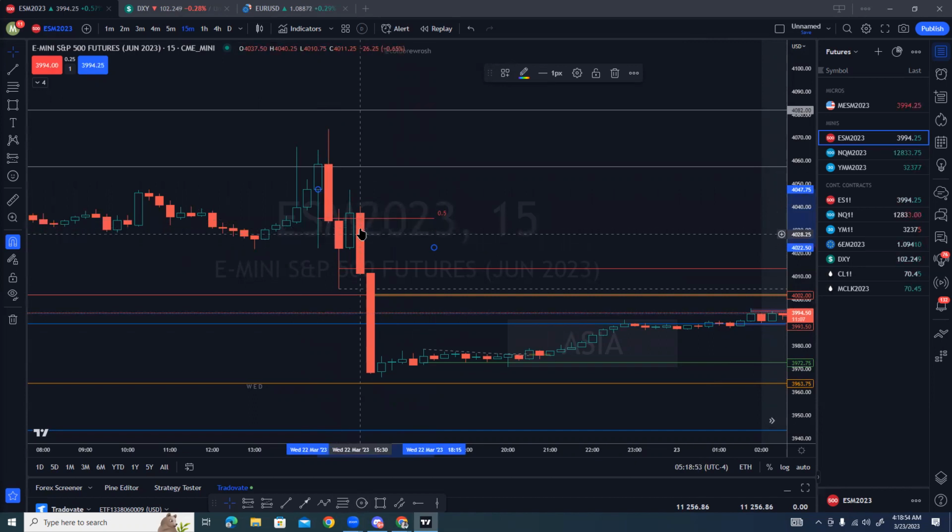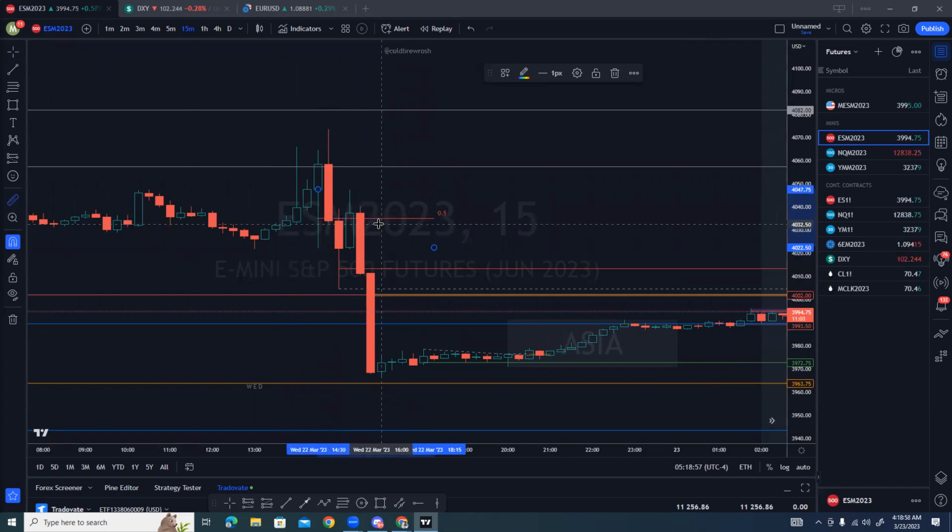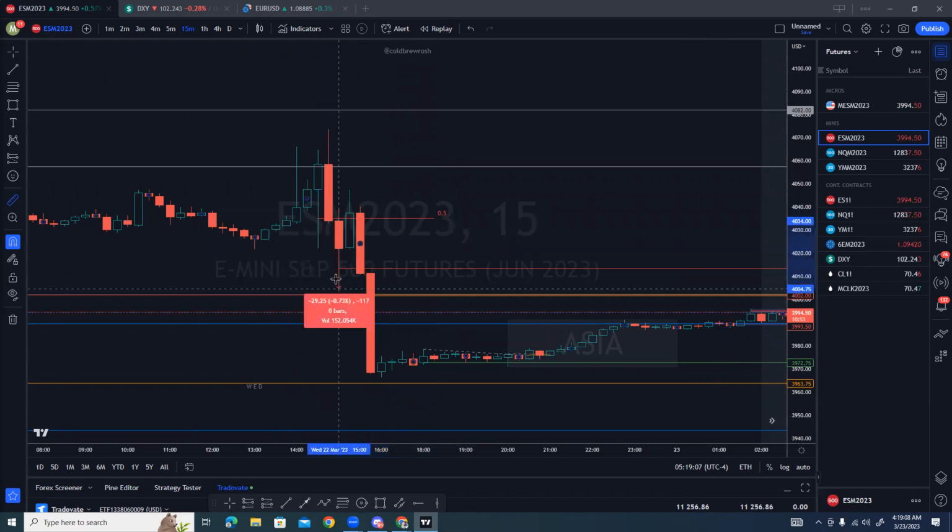If you were to take a short as it breaks down below the consequent encroachment of this wick, even on this candle, and you took that first move, that entire move is 29 points.